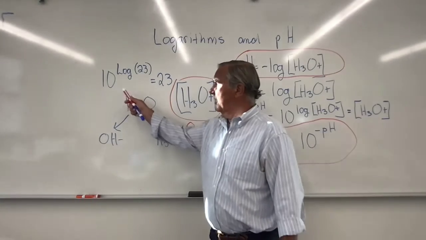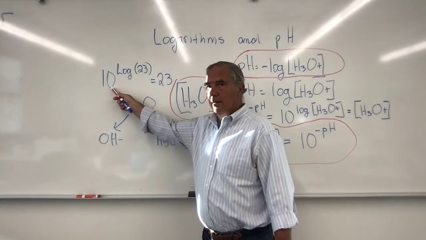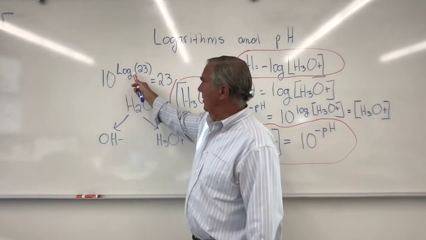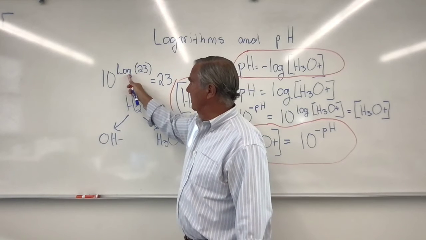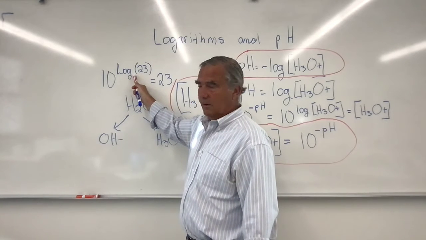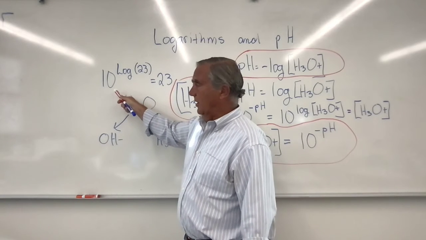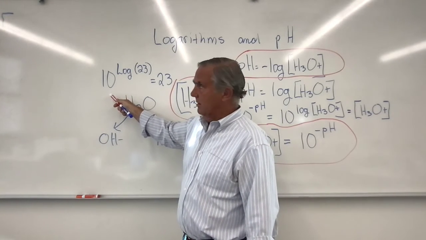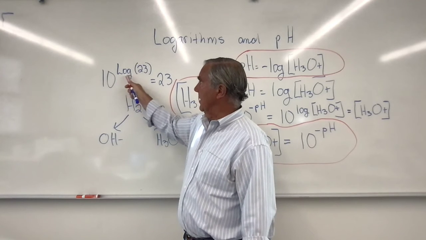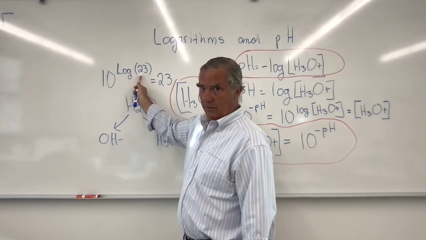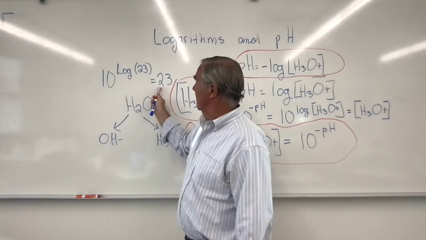That property says that 10 raised to the power of a base 10 logarithm of some number is that number. In the example that you saw in properties, 10 raised to the power of the base 10 logarithm of 23 is 23.